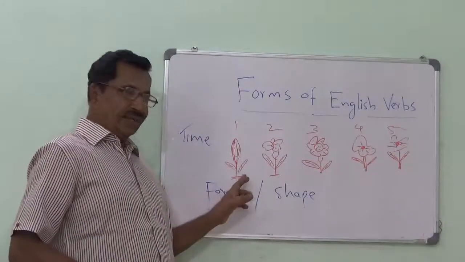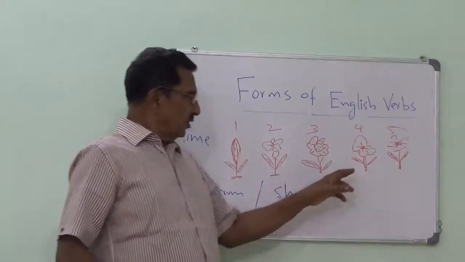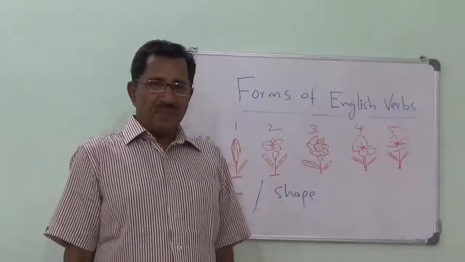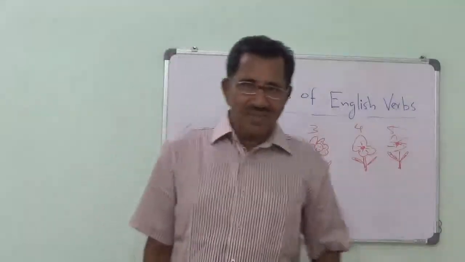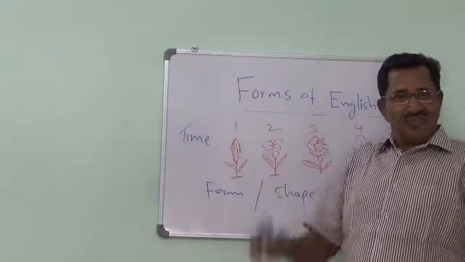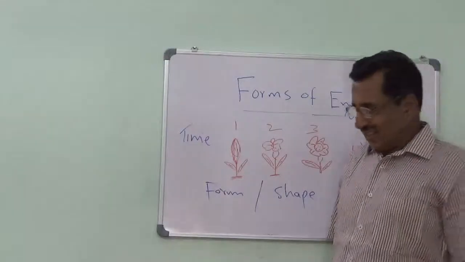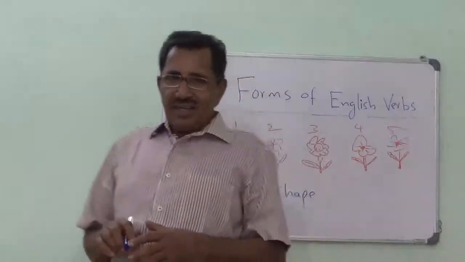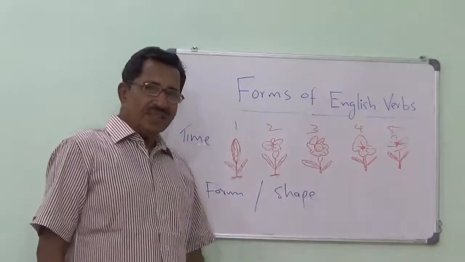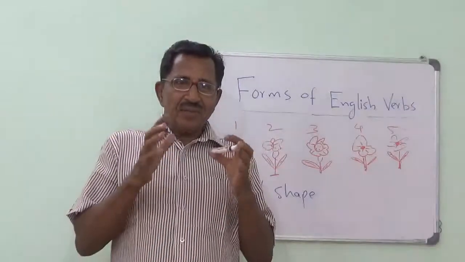Morning, early morning, 10 o'clock, 12 o'clock, 2 o'clock, 5 o'clock. So according to the time, you can see the flower takes different forms. It is a must for the flower to change. Understand? Now, I took this example of flower just to familiarize you with what is meant by form.